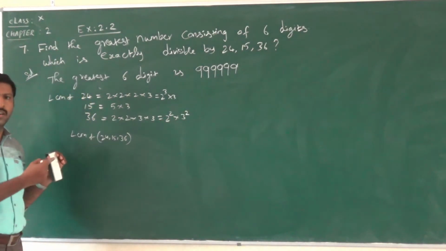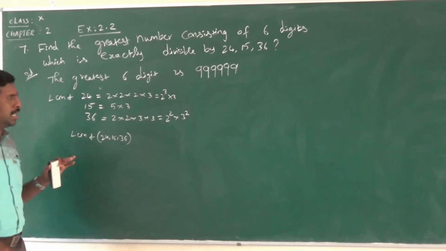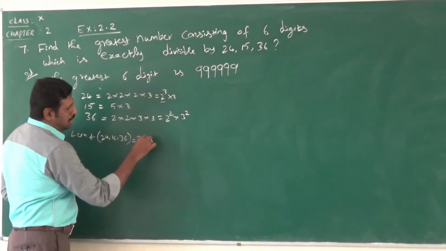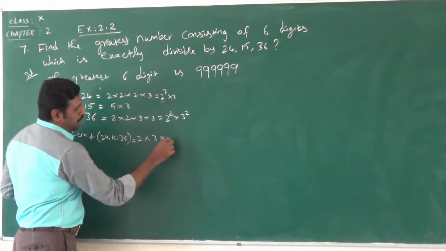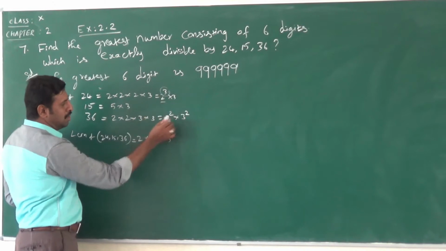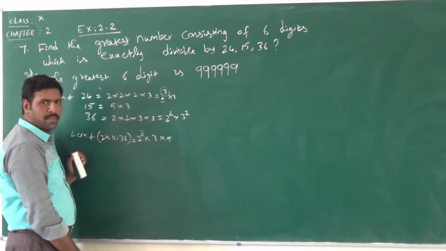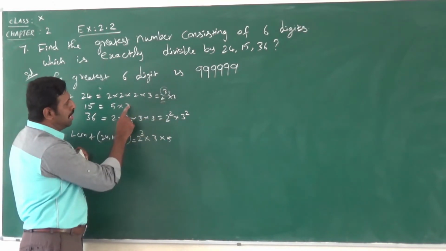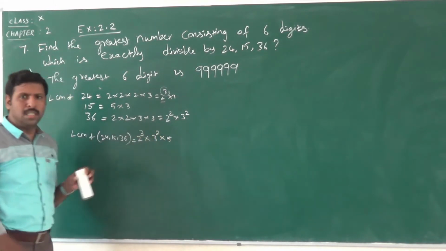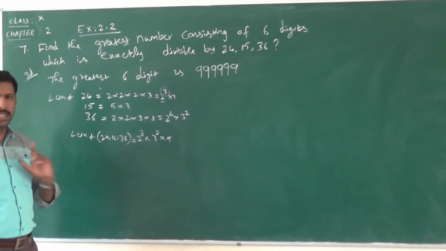LCM means we have to take all the elements with the highest power, right? So first I choose 2 and then 3, and here we have 5. Now we go to the powers. The highest power of 2 is 3, so we take 2 cube. For 3, we have power 1 and 2, so we take 3 square. And 5 we have only 1 term, right?